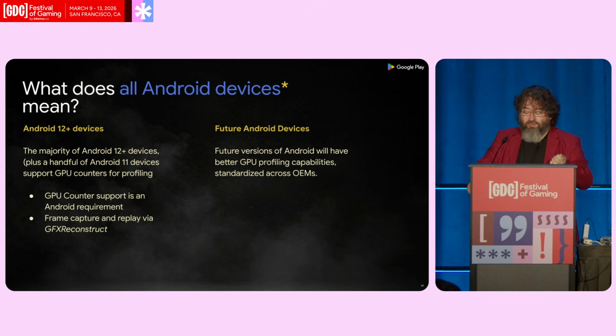Future Android devices will have better GPU profiling capabilities standardized across OEMs. Now, if you go back before Android 11, you're going to be dealing with just system trace level performance information. So you won't get as much information out of that. But if you go to the OEM tools, you'll be able to use them.